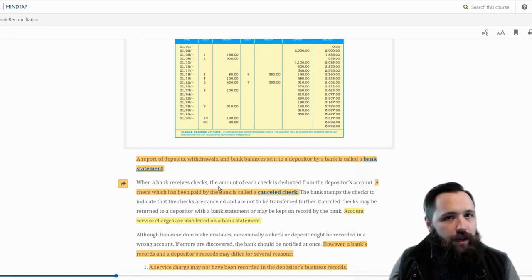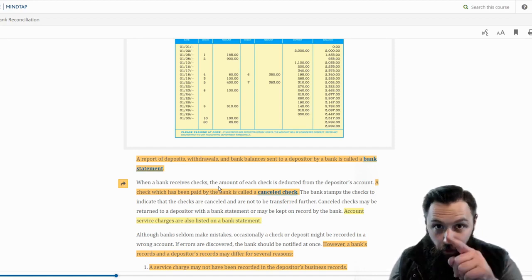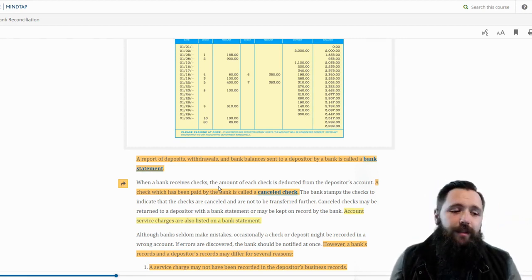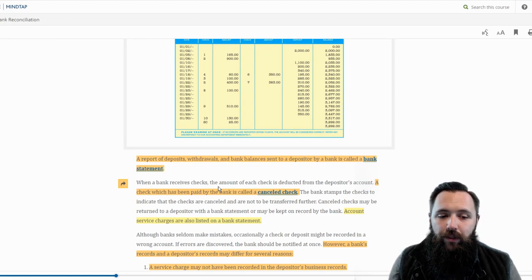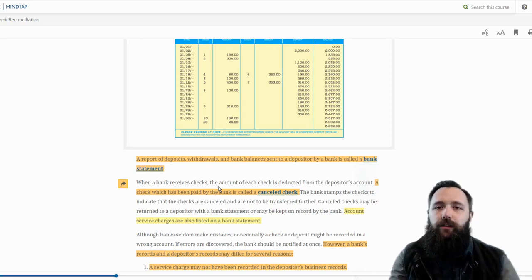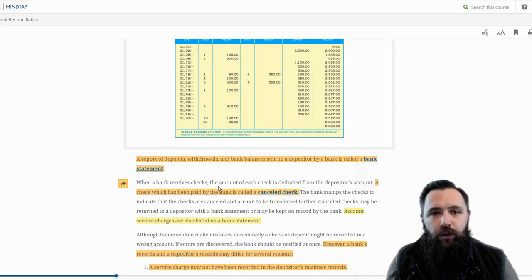Now, that sounds like a void check, right? It sounds like where we put that big void on there and nobody could cash it, but this is different. This is when the bank actually paid out that full check. Let's say that I write out a check to you right now and I give it to you. You bring it to your bank, and my bank pays that on behalf of me.